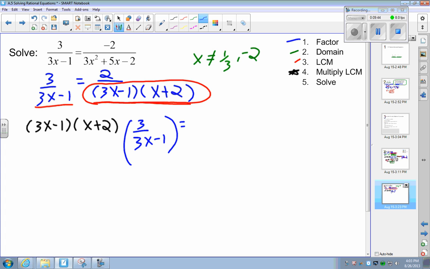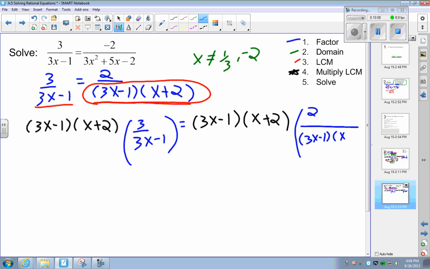And that's going to be equal to 3x minus 1 times x plus 2, all that multiplied by 2 all over 3x minus 1 and x plus 2. All right, cool.